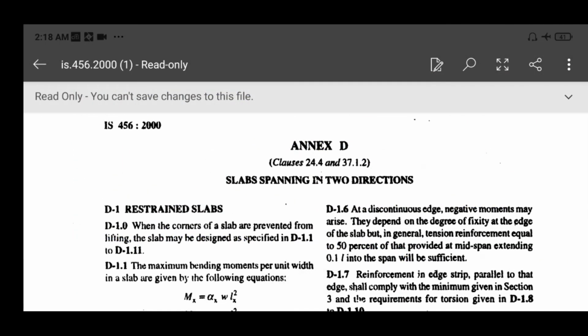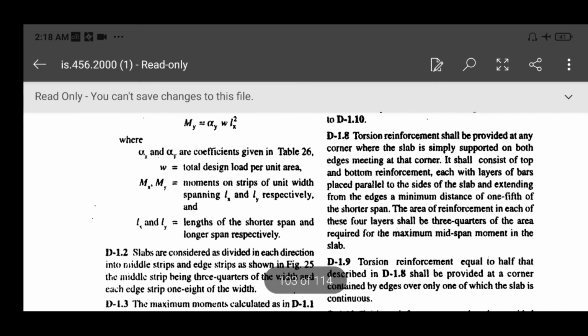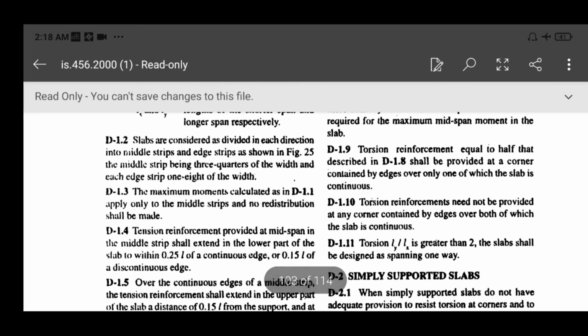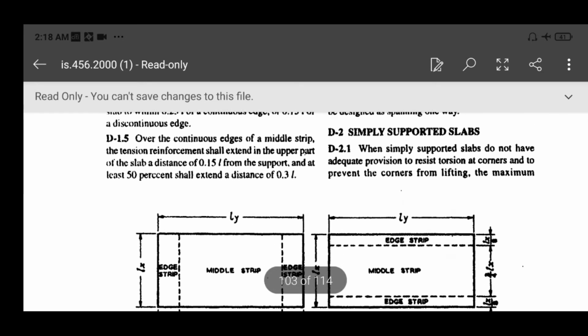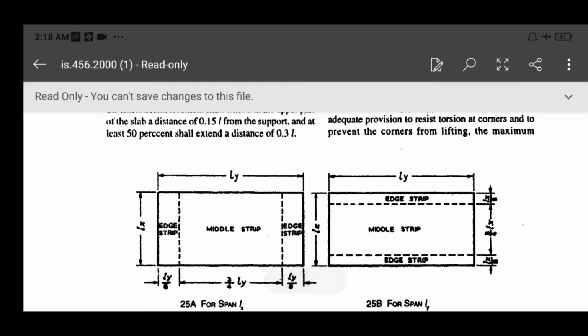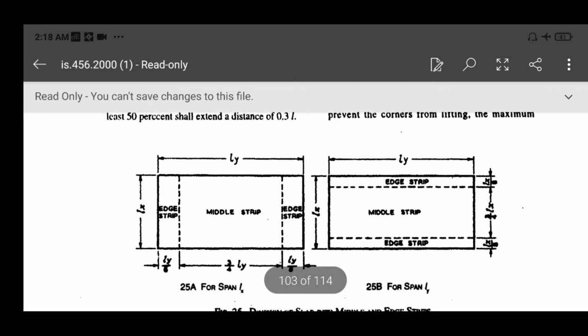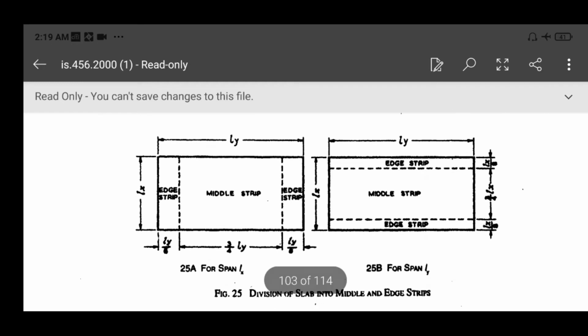So now Annex D of IS 456 2000, as per clause number D 1.2, slabs are considered as divided in each direction into middle strip and edge strips as shown in figure 25. This is figure 25. So for reinforcement arrangement, in middle portion middle strips are given, and in edge portion edge strips reinforcement are given.